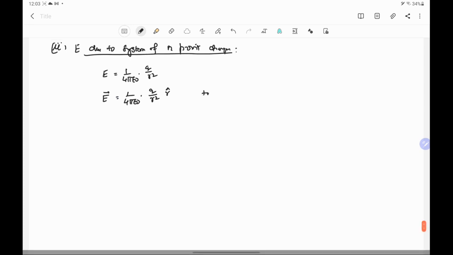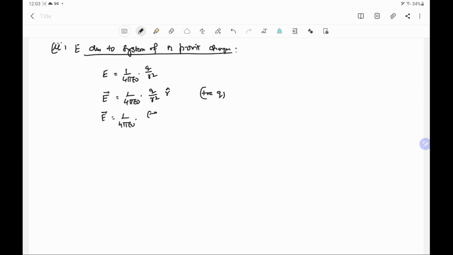And this is for positive Q. And if charge is negative, we have to use 1 by 4 pi epsilon naught minus Q by r square and unit vector, that can be written as 1 by 4 pi epsilon naught Q by r square and minus r hat. It means if this is a positive charge, electric field will be outward along the radius vector r. But if it is negative charge, then electric field will be inward and opposite to the radius vector r.